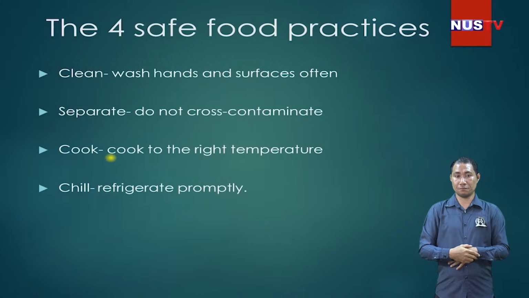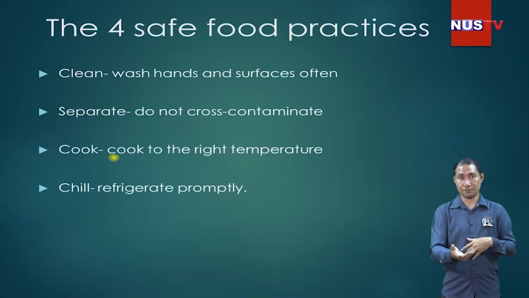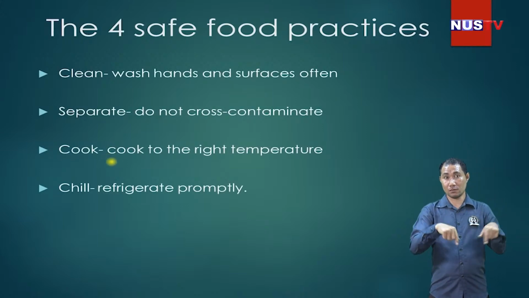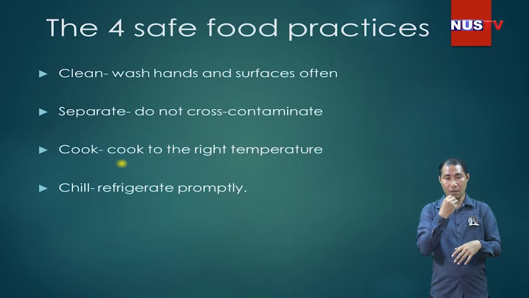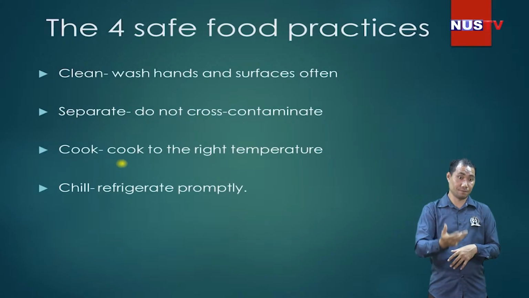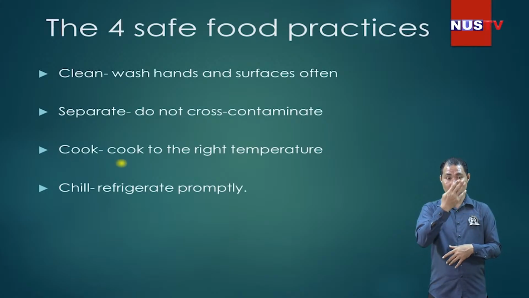Refrigerate promptly. Refrigerate according to the texture of food. As we all know, bacteria that cause food poisoning multiply quickest between 40 degrees Fahrenheit and 140 degrees Fahrenheit.